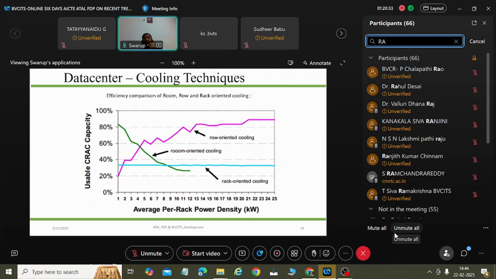Now you see the percentage, how it is getting cooled. If you take 100% as the usable capacity versus the density per rack, you see which is faring better. The row oriented cooling is initially poor, but overall it performs better.